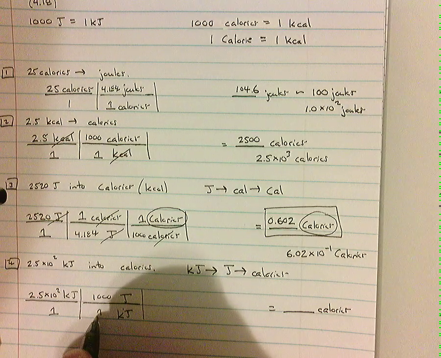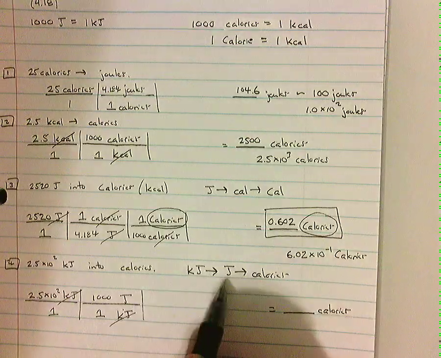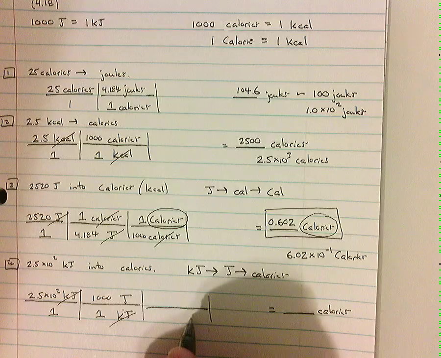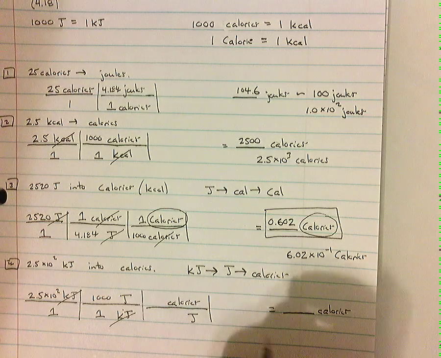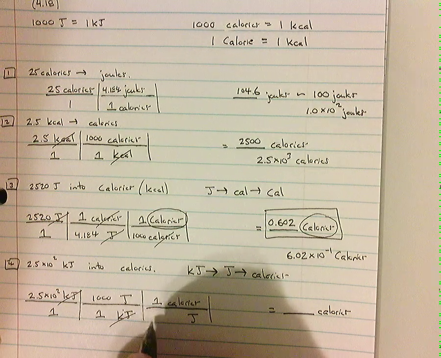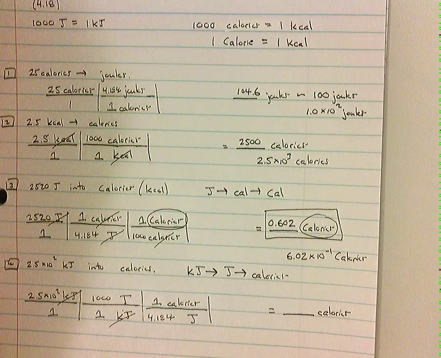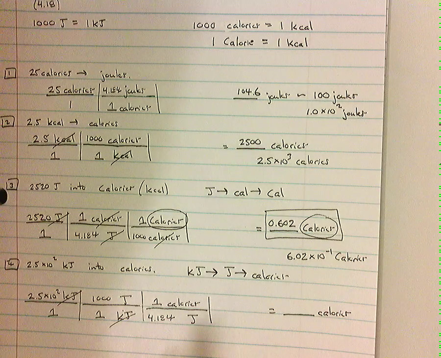And so we're going to cancel kilojoules and get into joules. There are 1,000 joules in 1 kilojoule. So kilojoules are going to cancel. And then we're going to go from joules into lowercase calories. So joules on the bottom, lowercase calories on the top. And in every 1 calorie, there are 4.184 joules. We've got a multiplication problem and a division problem here, so here we go.